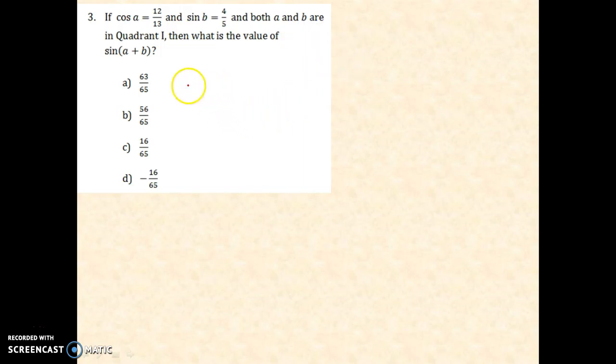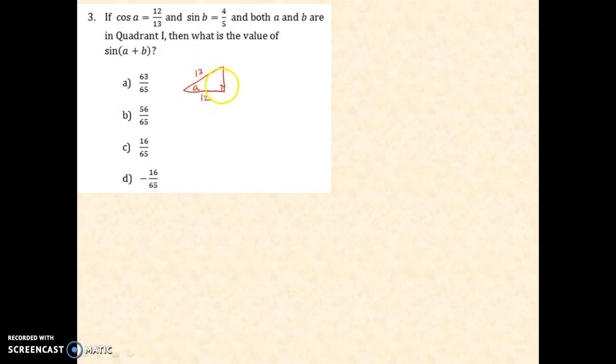So if we think about a couple of right triangles that are in quadrant 1, and let's say this is angle A, then cosine of A is adjacent over hypotenuse. So this would be 12 and this would be 13.